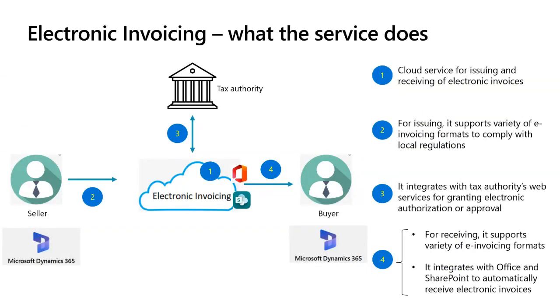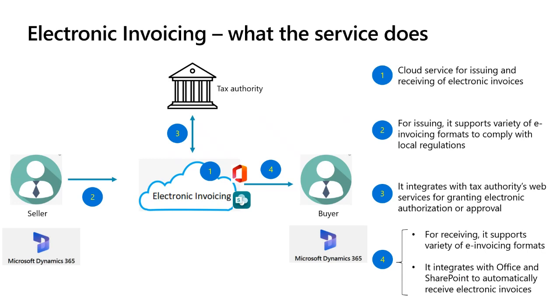So then, what does the electronic invoicing service do? First, it is a cloud service for issuing and receiving electronic invoices. For issuing, it supports a variety of electronic invoice formats to comply with local regulations from several countries.